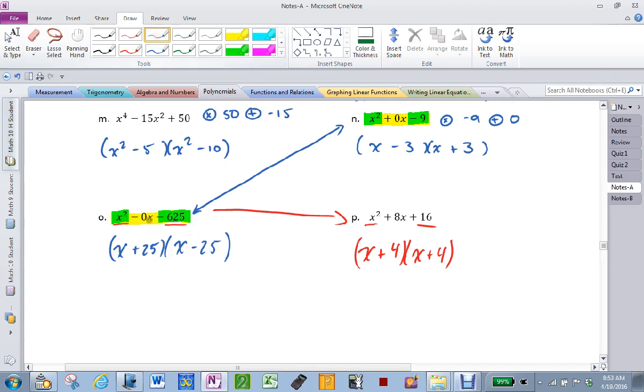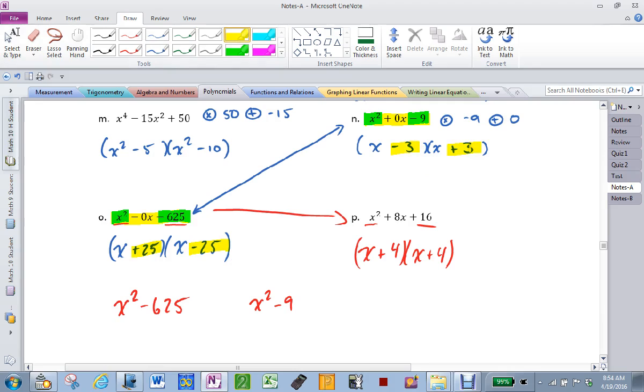But what would this expression really look like? It would be x squared minus 625, wouldn't it? And this one would really be x squared minus 9, wouldn't it? And when we factored it, you all noticed something as well, I hope. What did you notice?